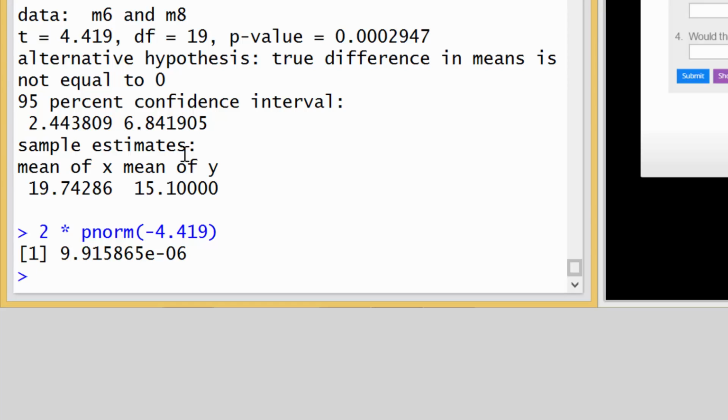Let's go through calculating this test statistic manually, just so we understand what's going on.